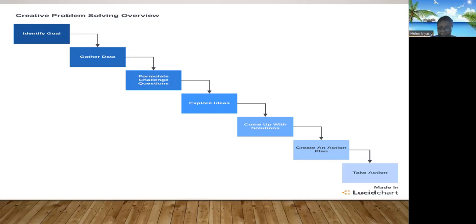Then by the time you have done this, you create an action plan. You now create an action plan. Now that you have a perfect solution, you need to create an action plan outlining implementation steps.